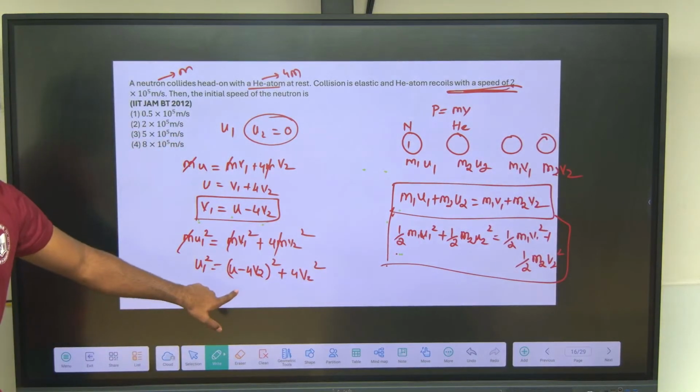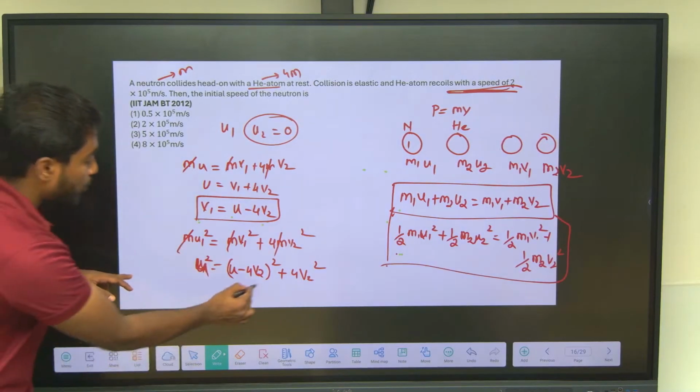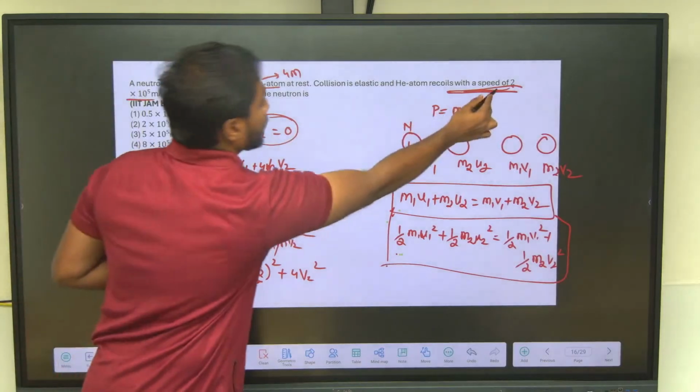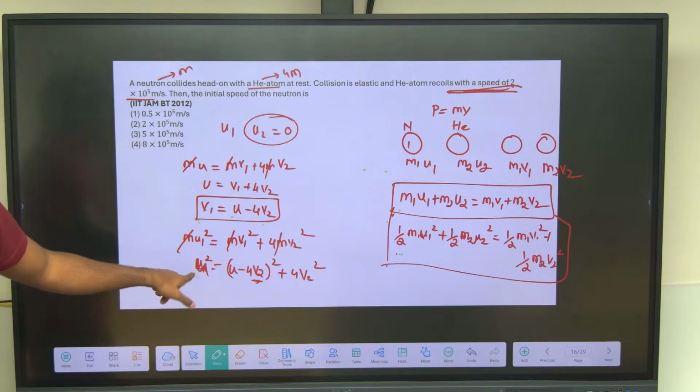Now you can expand this, and I need u only, that is u1. So v2 I know. What is v2? 2 into 10 power 5. If I substitute the value, can I get u? Get the answer now.